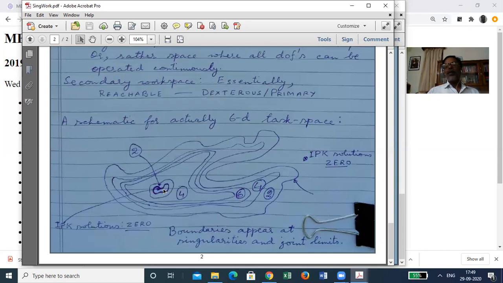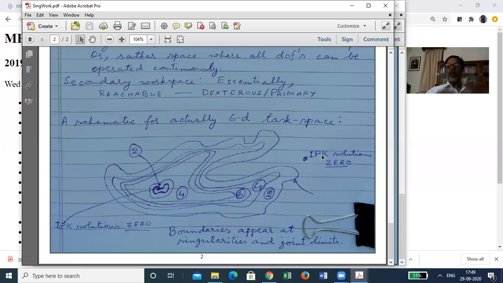Further inside, there may be no solution, which is the workspace hole. So this is a strict boundary of the reachable workspace, and this is another strict boundary of the reachable workspace. In principle, there could be other holes also. So here the inverse position kinematic solutions inside will be 0, and outside it is anyway 0.